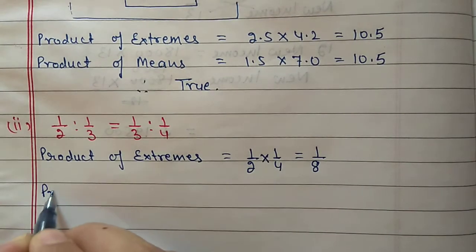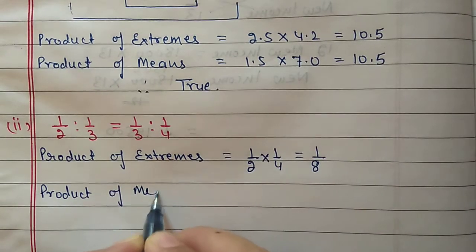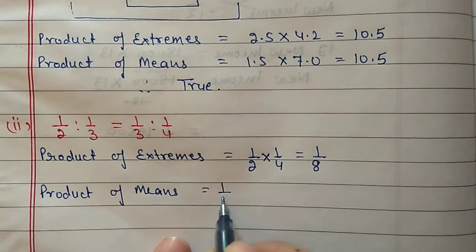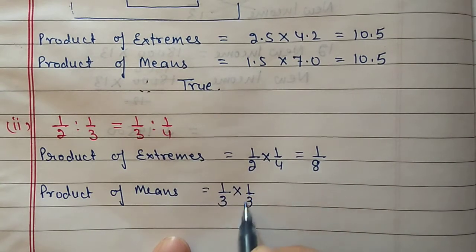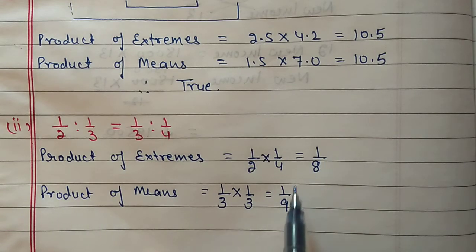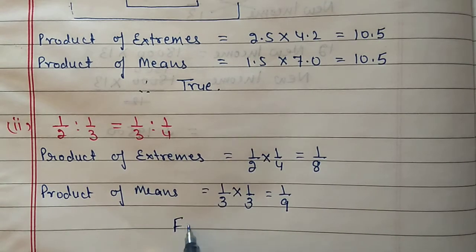Next, product of means: 1 by 3 into 1 by 3, which we will get 1 by 9. So you can see here this is 1 by 8, this is 1 by 9. Both the values are different. It means this statement is false.